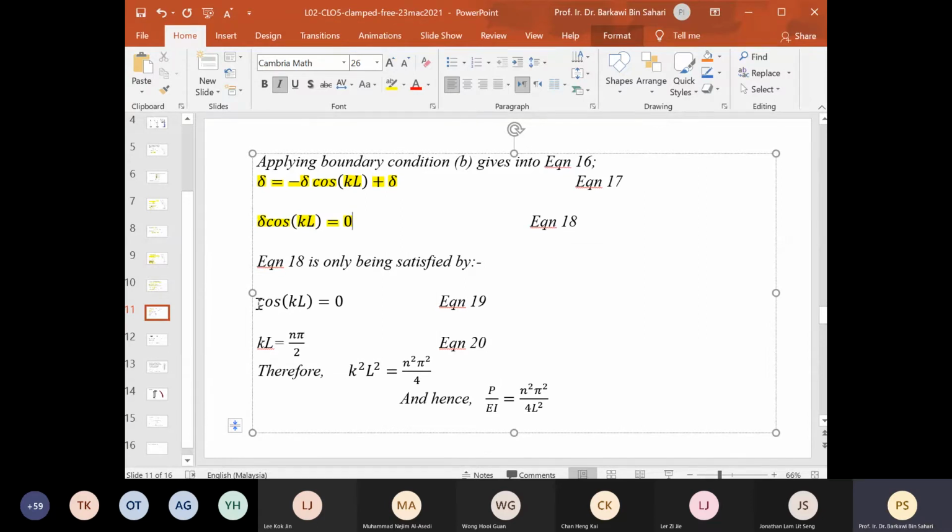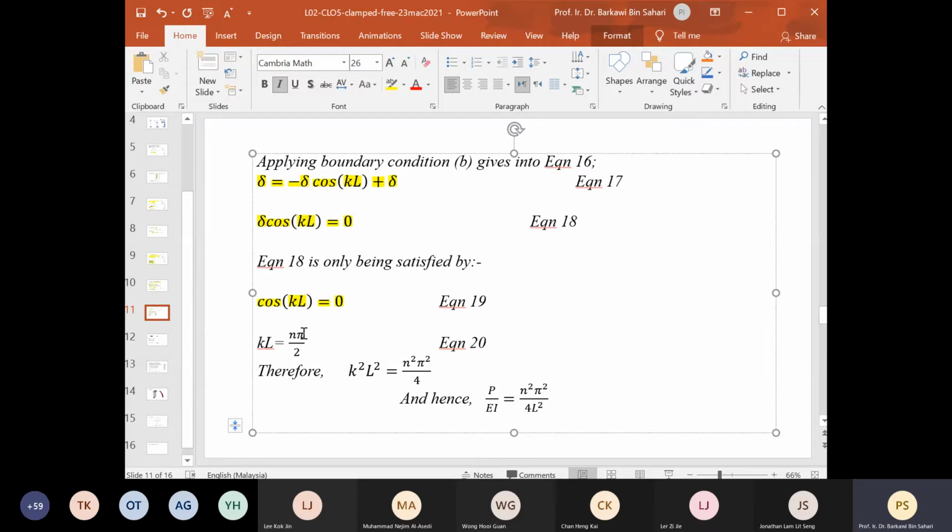Cosine of an angle is equal to 0 when that angle is 90 degrees, 270 degrees, and so on, a multiple of pi over 2.